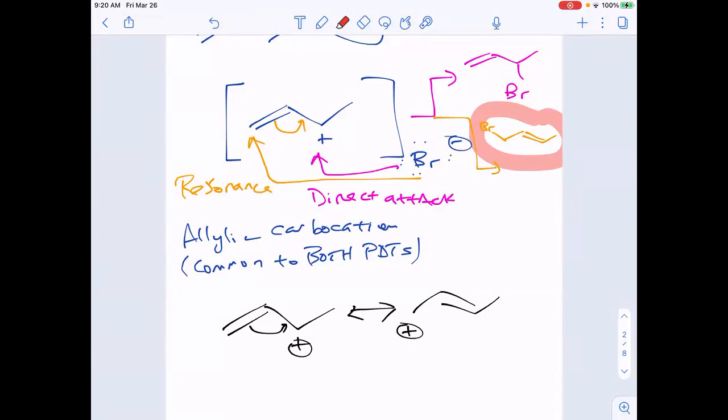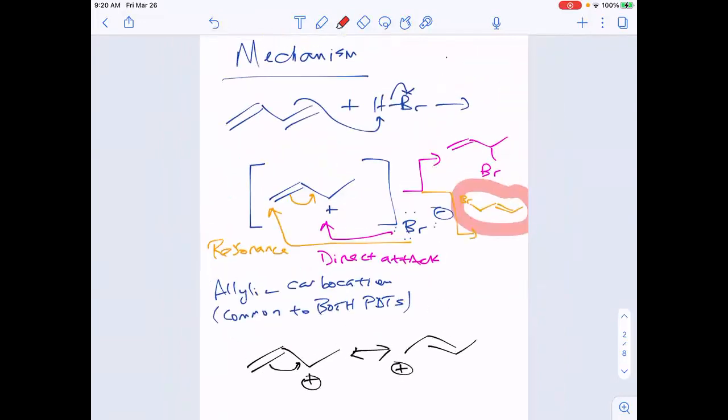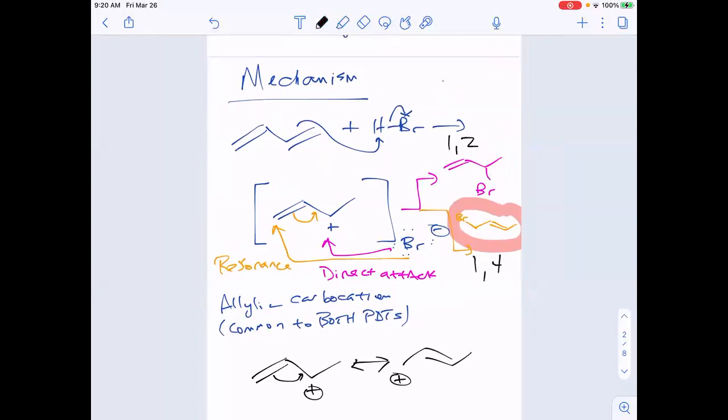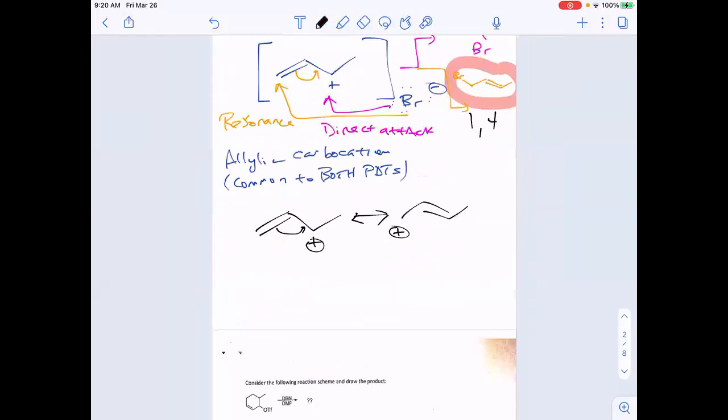But another way that we characterize these, we call this one the 1,2 product, and we call this one the 1,4 product. I'm going to show you down here why. We started with this alkene, this side.